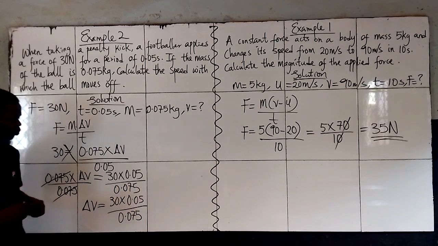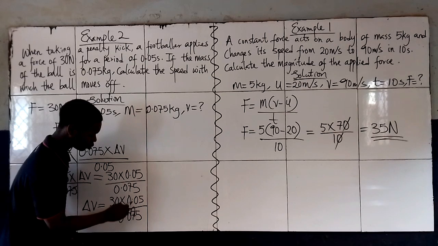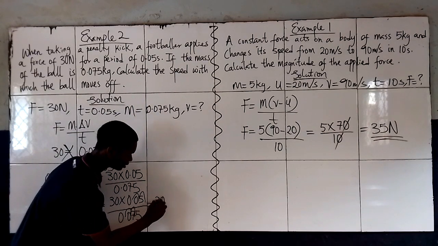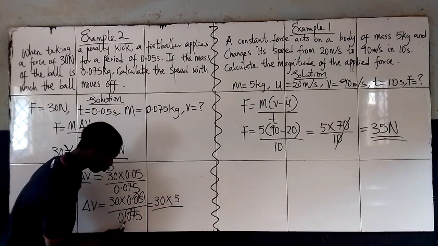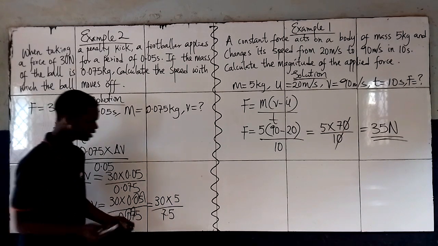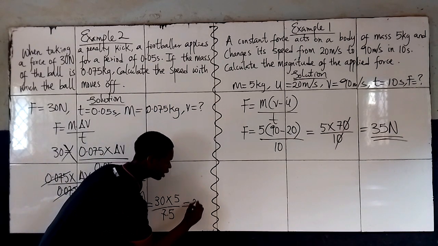Okay? If you work this out with your calculator, you can double check. So what you will now have is 30 times 5 over 7.5. Okay? Now when you finally do this with your calculator, it will give you exactly 20.